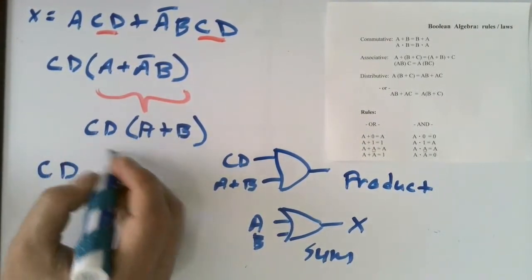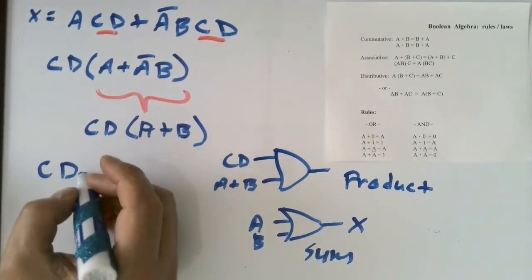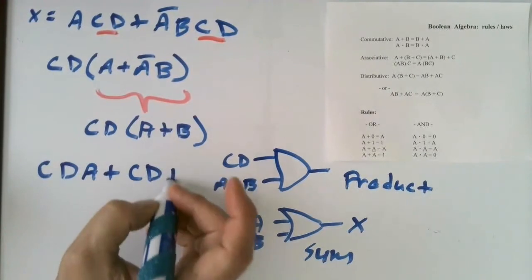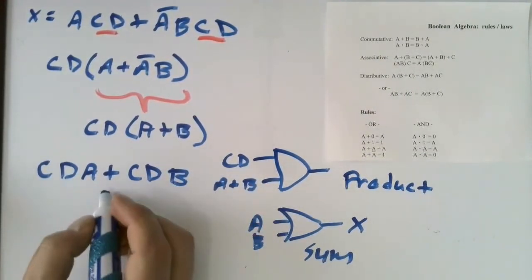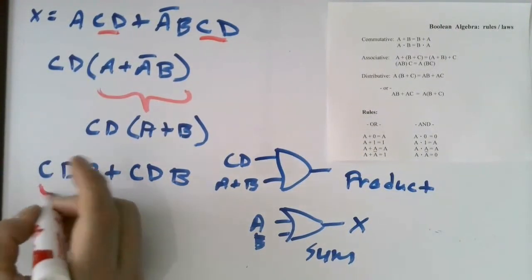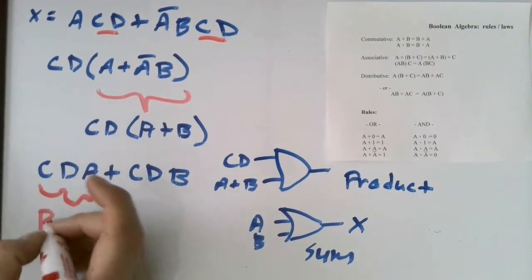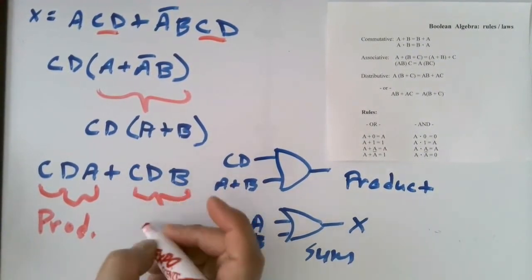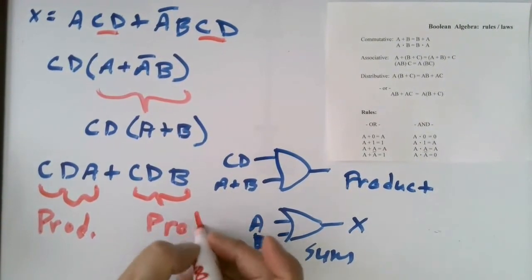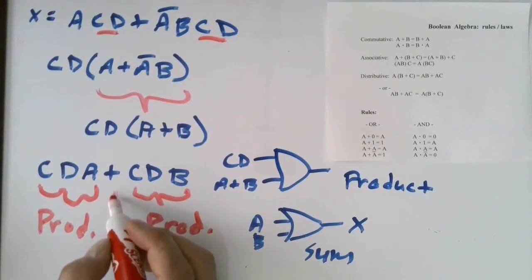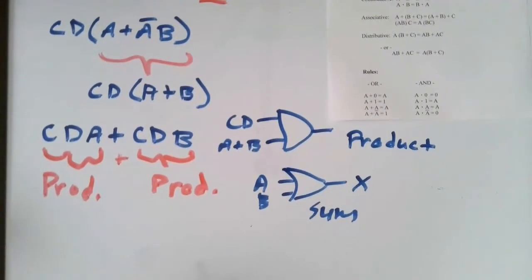If we basically redistribute these values, we'd have CD and A or CD and B. And now what we have here, these terms on the left and the right are ANDed, so they're referred to as products, okay? But we're ORing or summing these two. So this is referred to as sum of products.